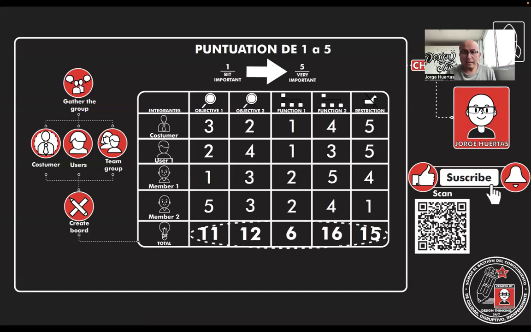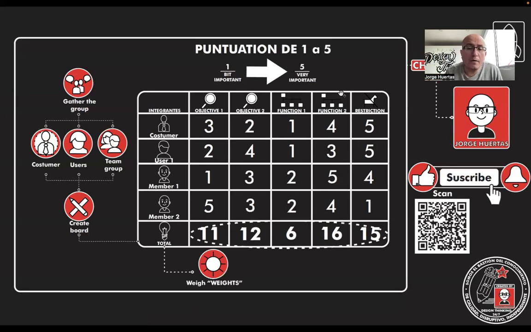The idea here is that you will have the total. The total is extremely important because it will allow you to define your priorities. For example, here function 2 is extremely important because it has 16. 16 is the majority. Function 1 is the least important because it only has 6.